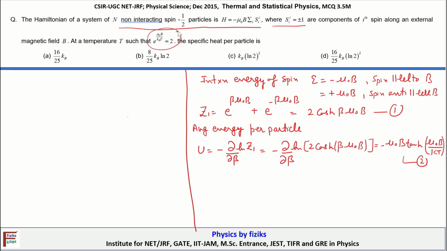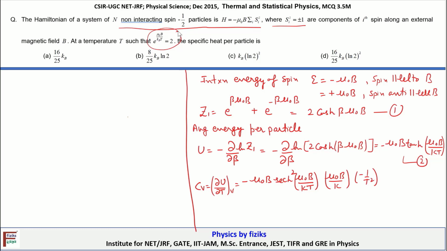So from here we can immediately determine the heat capacity CV. CV is equal to dU by dT at constant volume. So when you differentiate this with respect to temperature, we obtain minus mu naught V, and then the differential of tanh, that is sech squared (mu naught B upon kT), and then multiply by mu naught B upon k and the differential of 1 by T, which is equal to minus 1 by T square.